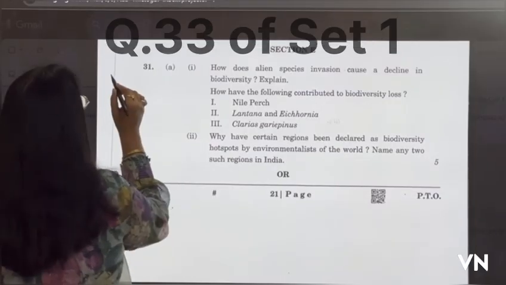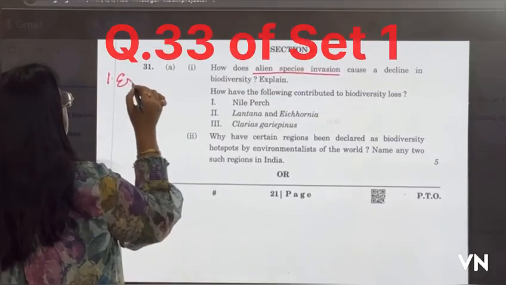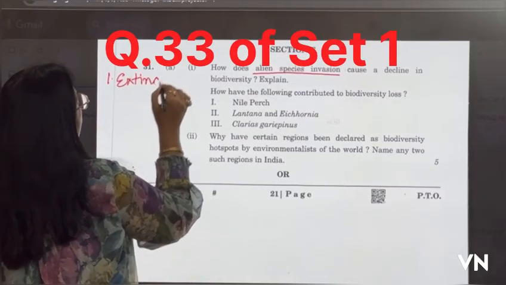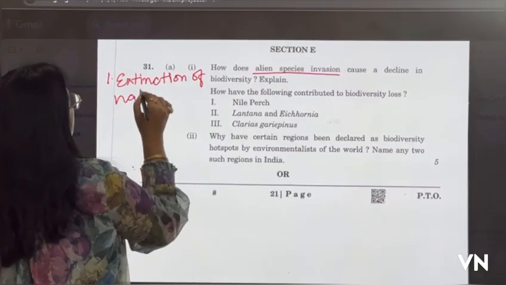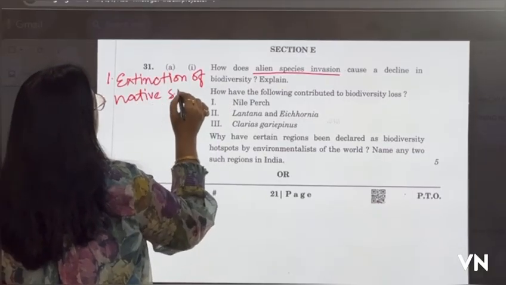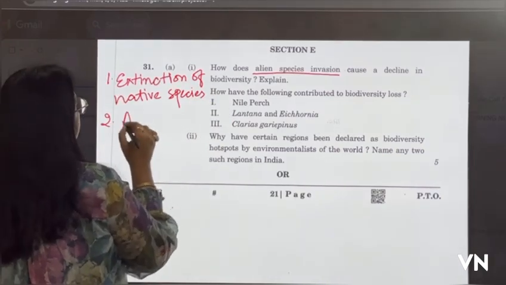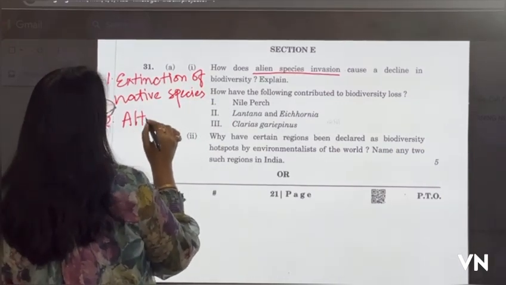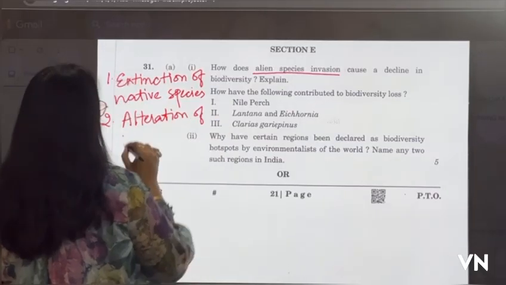Part A. Number 1. Alien species invasion leads to extinction of native species. Second, alteration of habitats.